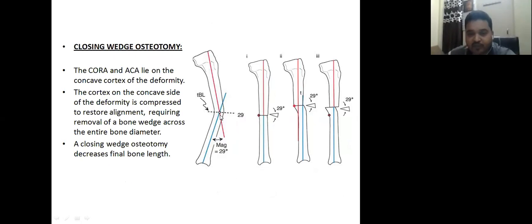The cortex on the concave side of the deformity is compressed, and the opposite side will be distracted. Only the concave side will be compressed. So that would give us a closing wedge type of osteotomy.